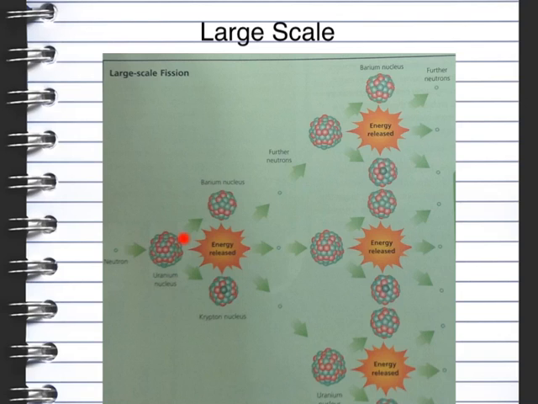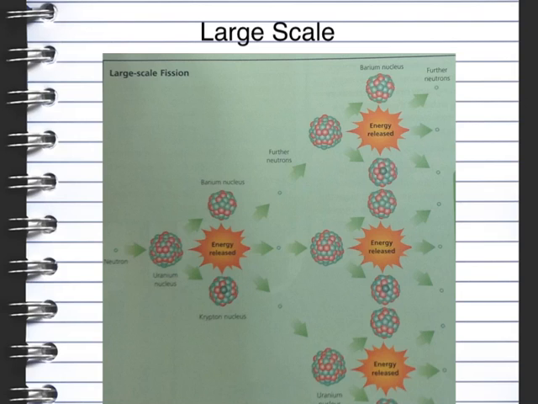Now this is what we call a chain reaction. You can imagine the amount of energy that we get here is then trebled by the time we get to here. If we're thinking about how much uranium we've actually got, we might have a very large sample of uranium. This is where the problems come aboard with this. If we had no control over this reaction, then this energy would just keep trebling and trebling, and it would become uncontrollable.